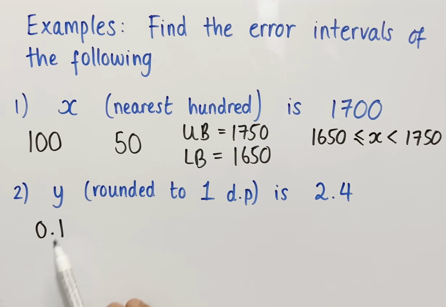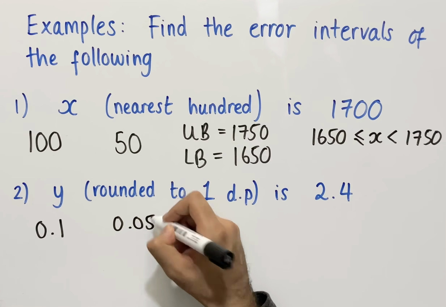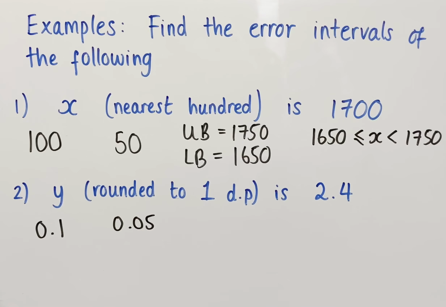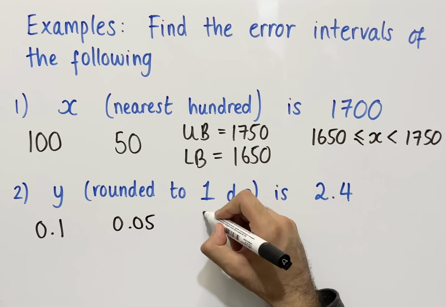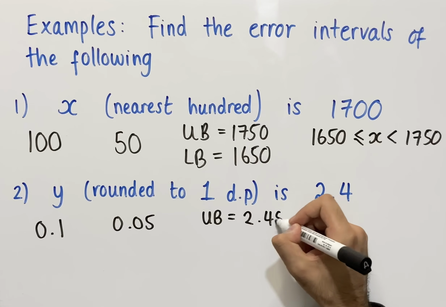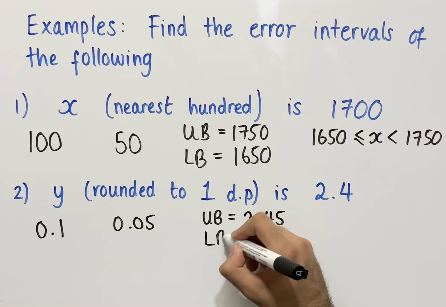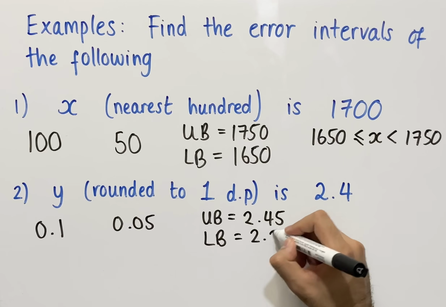So 0.1 divided by 2, or 0.1 halved, is equal to 0.05. And so adding 0.05 to 2.4 gives us the upper bound, which in this case is 2.45. And taking away 0.05 from 2.4 gives us the lower bound, which in this case is 2.35.